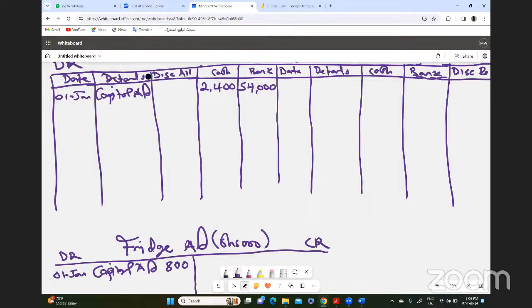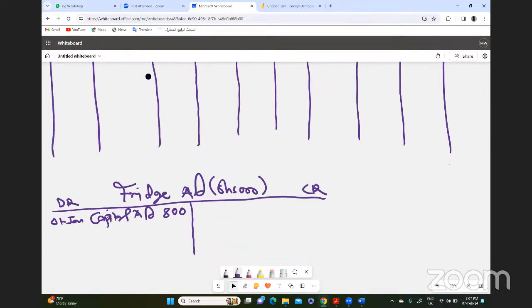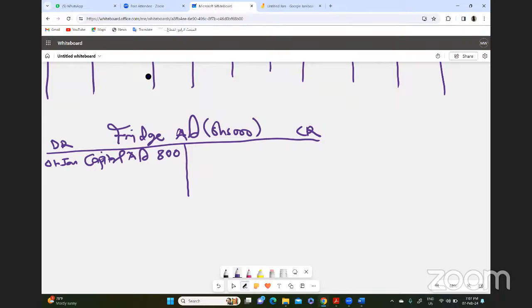Okay? Should we move? Okay. So after the fridge account, I need to also draw the capital account. I haven't drawn it.